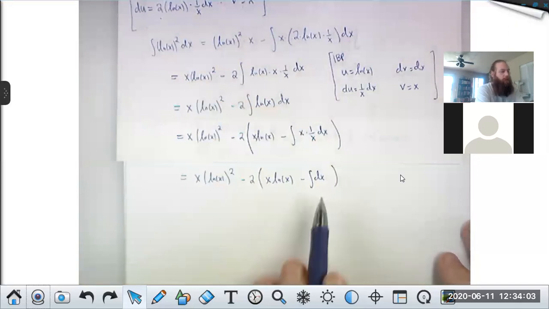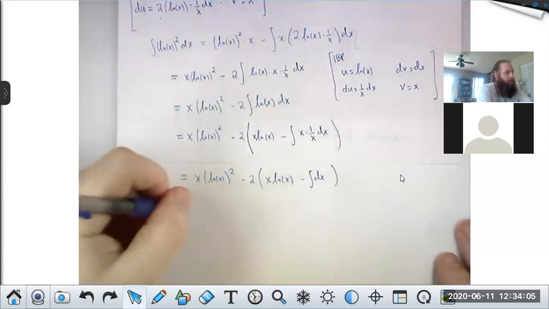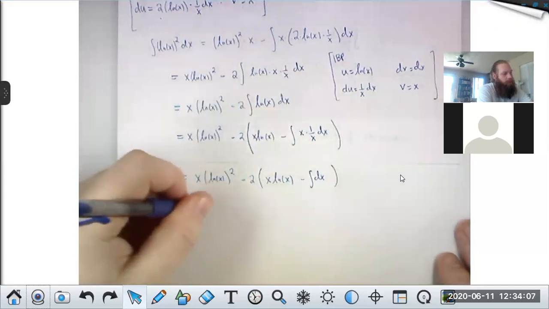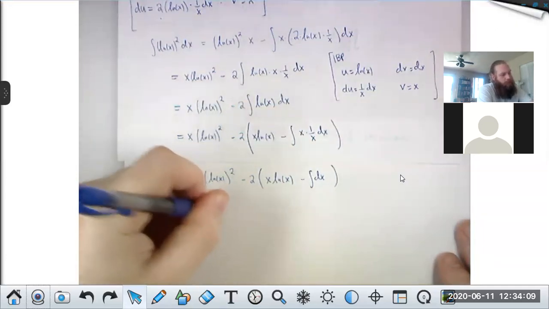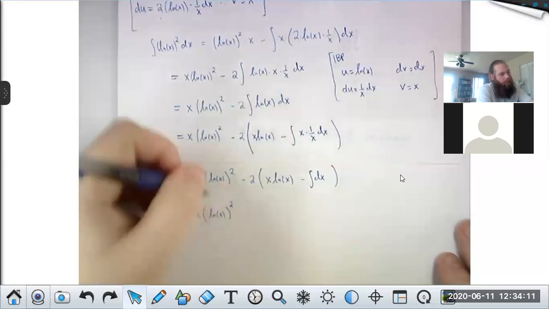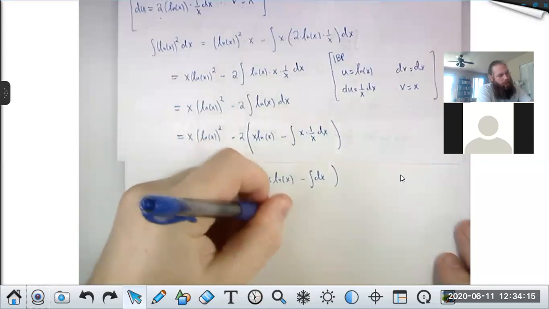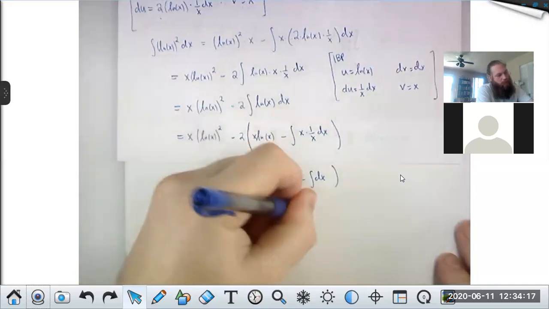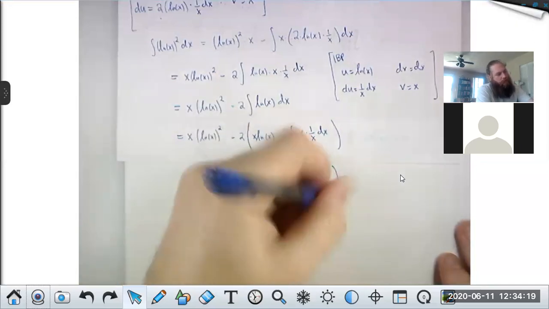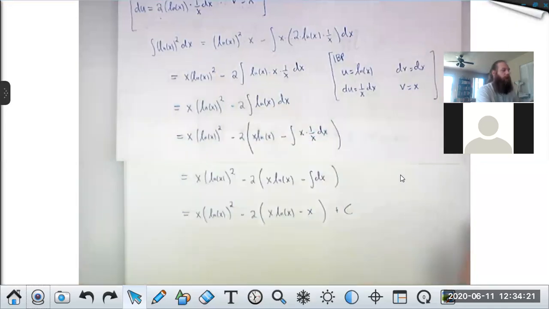And like you said, this guy is going to become an x. So then we're left with something long and ungainly, but different than what we started with. It's not too bad. And the nice thing is each step here, the integral in that line is getting easier, right? Each step we take, the integral looks nicer and nicer. That's a good hint that you're walking in the right direction.